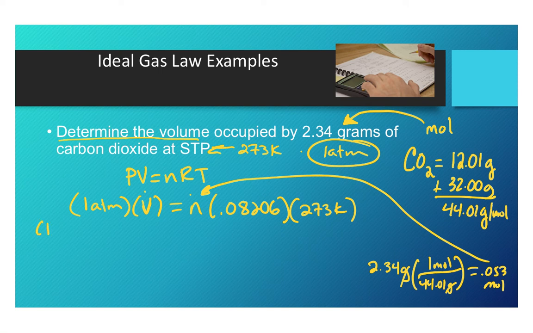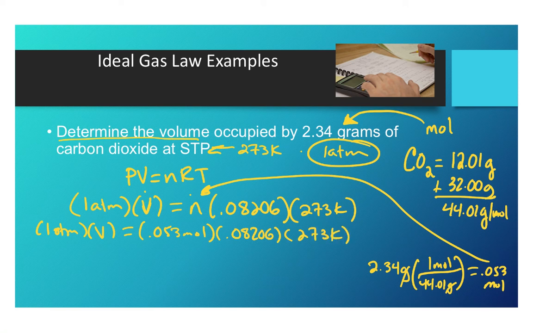So this becomes 1 atm times V equals 0.053 moles times 0.08206 times 273 K, okay?